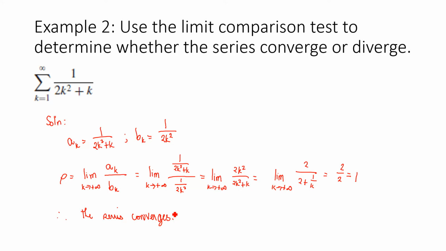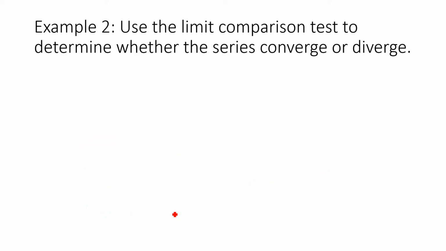Okay, so let's have this one. The series is the summation of 3k cubed minus 2k squared plus 4, all over k raised to 7 minus k cubed plus 2, from 1 to infinity.